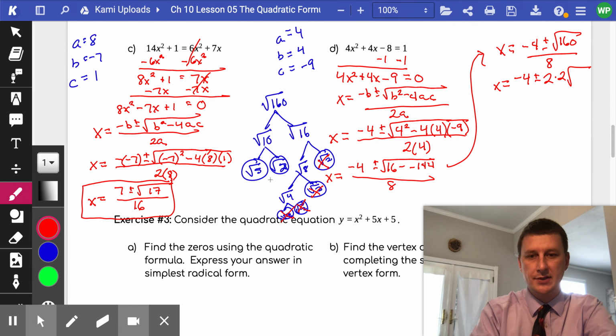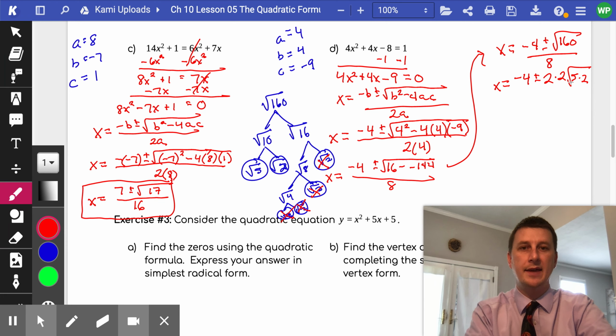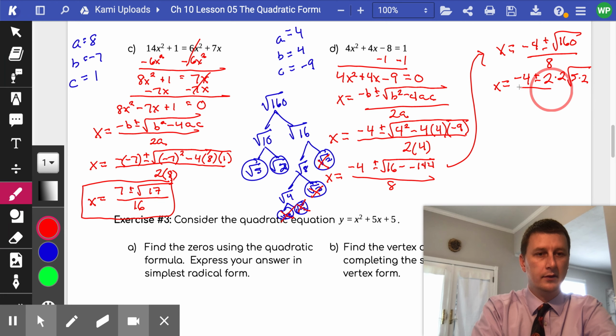That's all my pairs. Now I go to my singles. I have a single 5 and a single 2, so I put my single 5 and single 2 inside the radical, all over 8. I could simplify further. x is going to be equal to negative 4 plus or minus 2 times 2 will give me 4, radical 5 times 2 will give me 10, over 8.